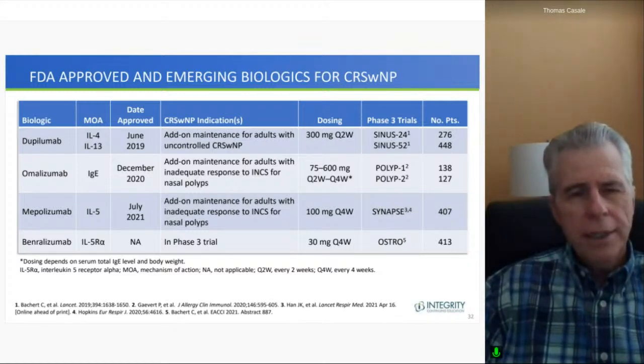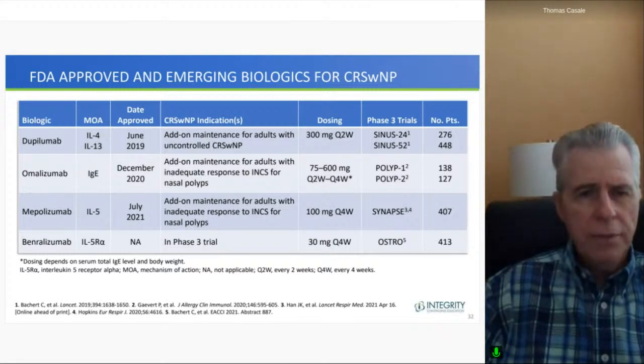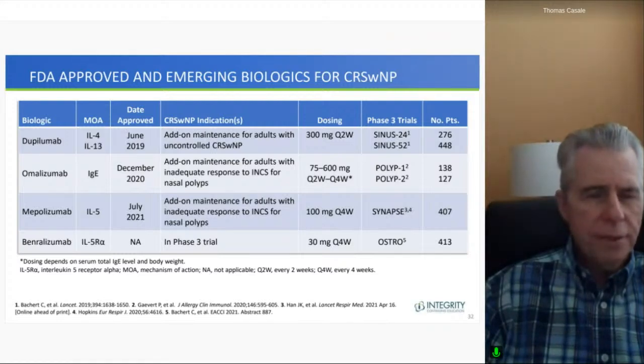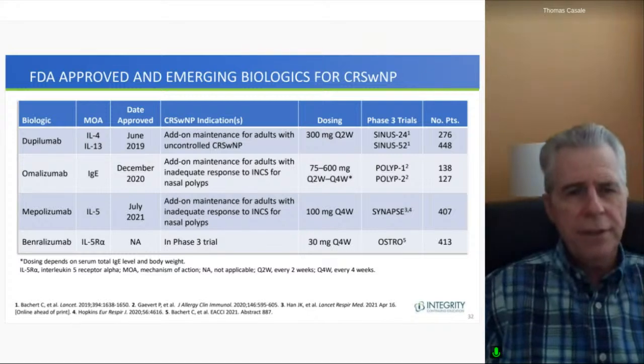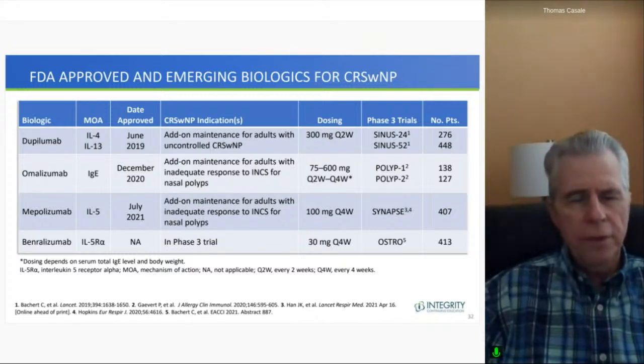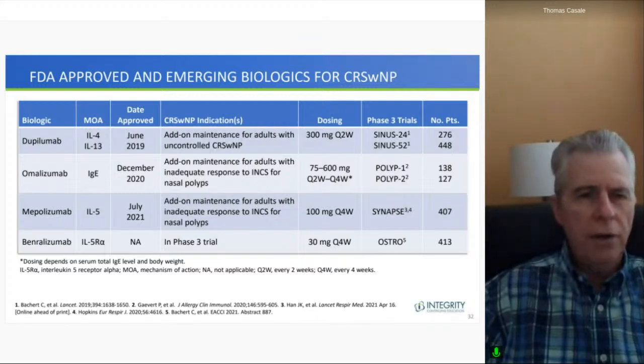Benralizumab is not yet approved. They are in the middle of their phase 3 trials. We haven't seen the results, but it works slightly different than mepolizumab in that it binds to the IL-5R alpha, that is the receptor of IL-5.